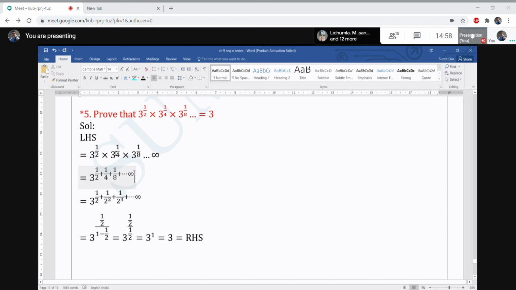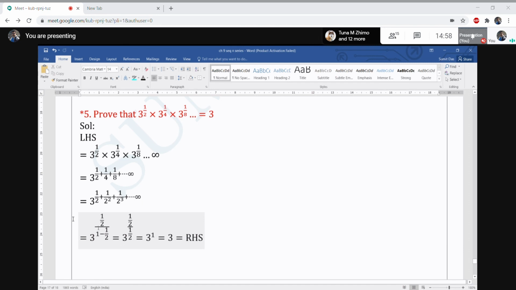Similarly, 1 by 4 we can write as 2 square, and 1 by 8 we can write as 2 cube, up to infinity. So this is also a sum of an infinite GP, where the first term is 1 by 2 and the common ratio is 1 by 2, because 1 by 2 square divided by 1 by 2 will be 1 by 2.